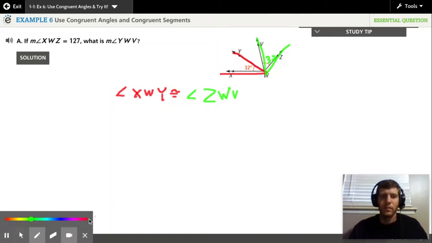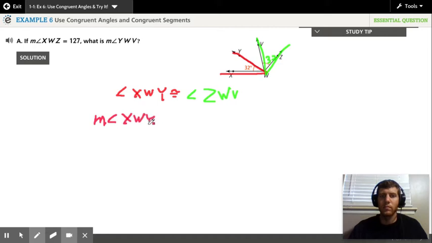Okay. So let's just write that out too. Since they're congruent, we know the measure of angle XWY is equal to the measure of angle ZWV. So we know that they're both going to be 32 because they tell us this one is 32.